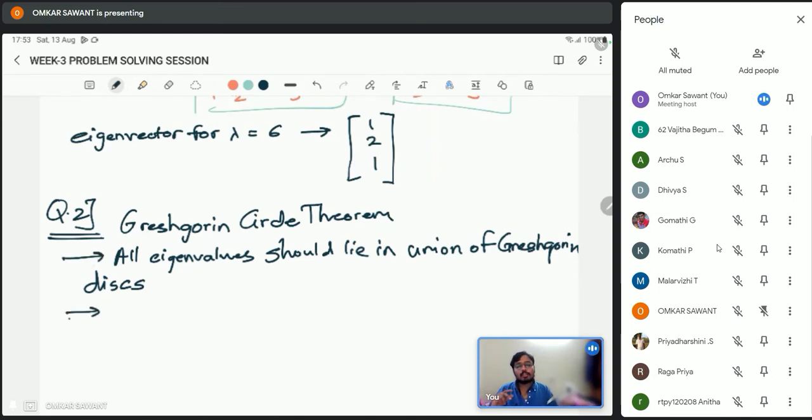Like you can check whether a matrix is invertible or not, or mainly it is used to find the range in which eigenvalues will lie.